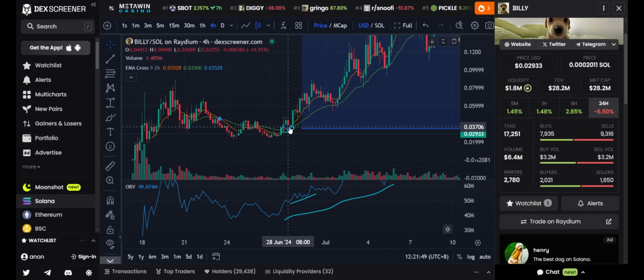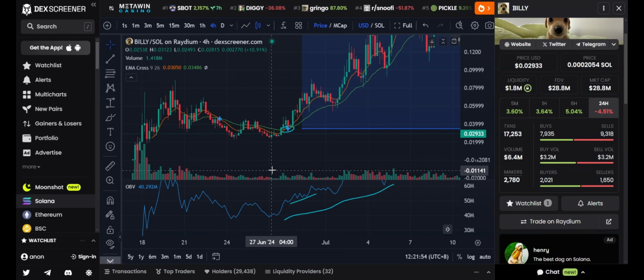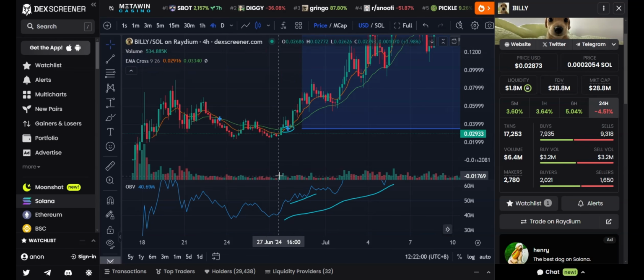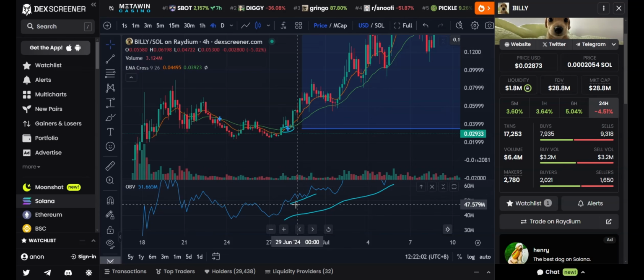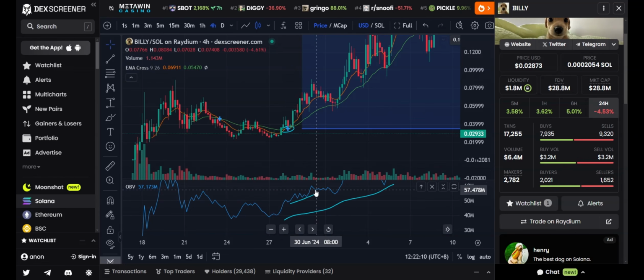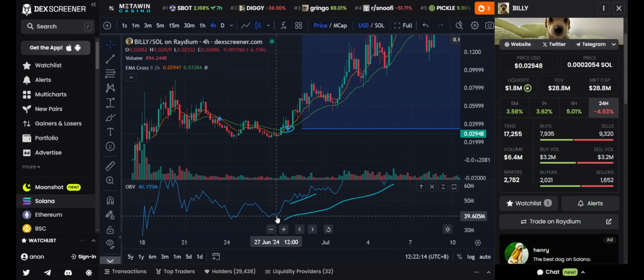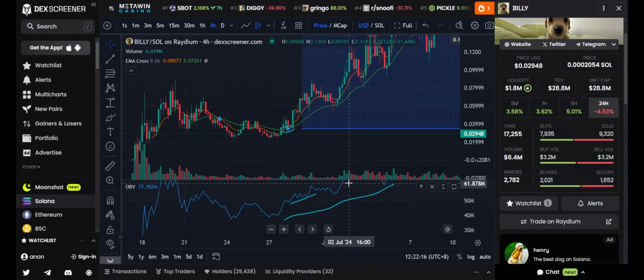Once you see the cross, you need a confirmation of increasing volume, which on these 4 hour candles is harder to see here, and in general on any time frame is a lot harder to see on the candles down below here. But when you put your on balance volume on, it's a lot easier to see price and volume increase and decrease, right? Because it's one consistent line, okay?